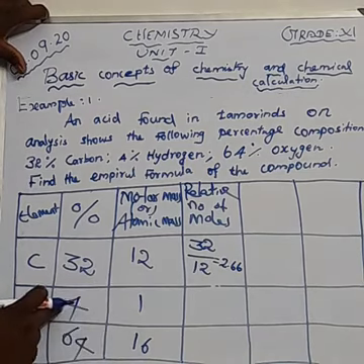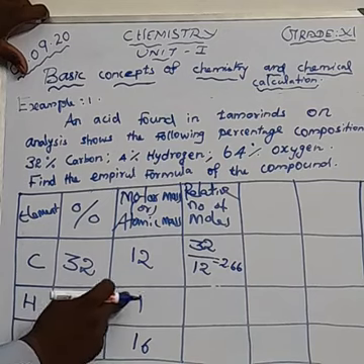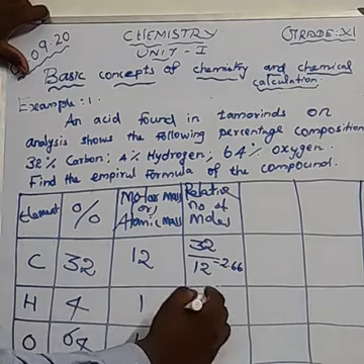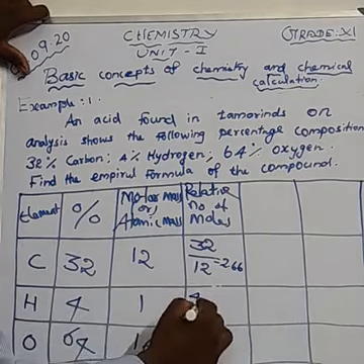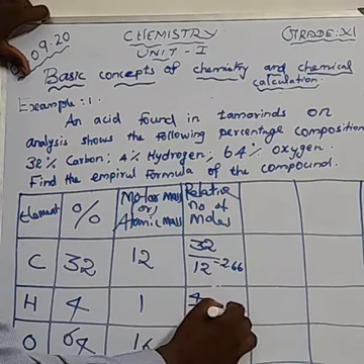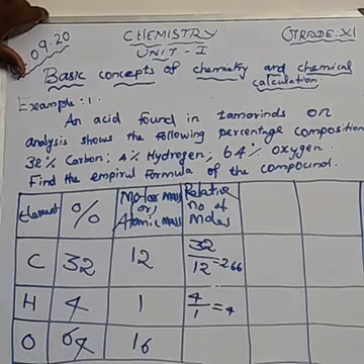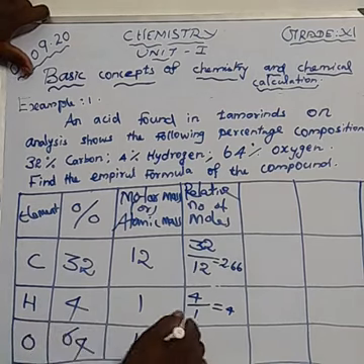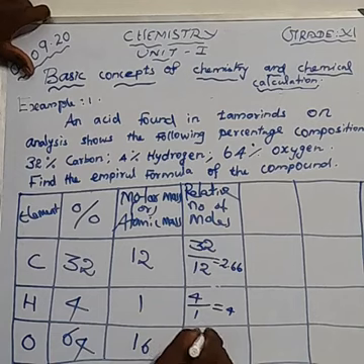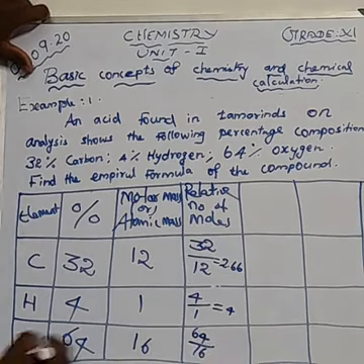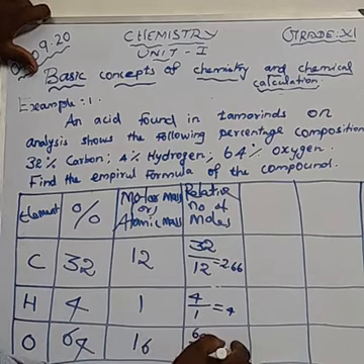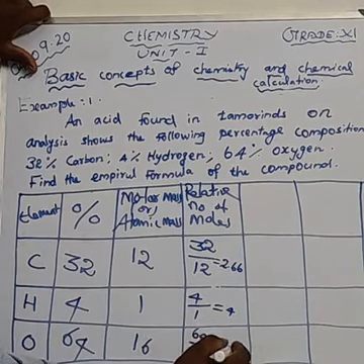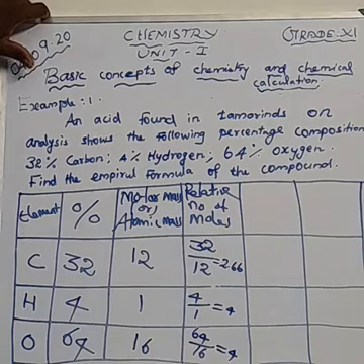The percentage is 4. 4 divided by the atomic mass, that is 1. 4 divided by 1, the answer is 4. Next, oxygen. Percentage divided by atomic mass, that is 64 divided by 16. 16 into 4 is equal to 64. We can write the answer as 4.